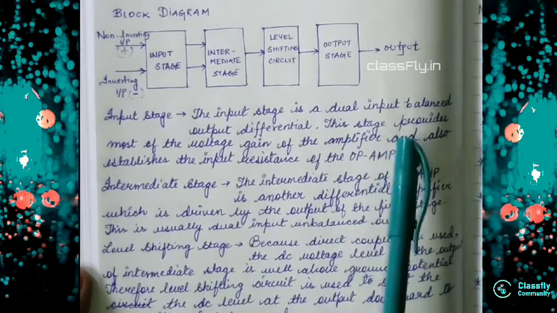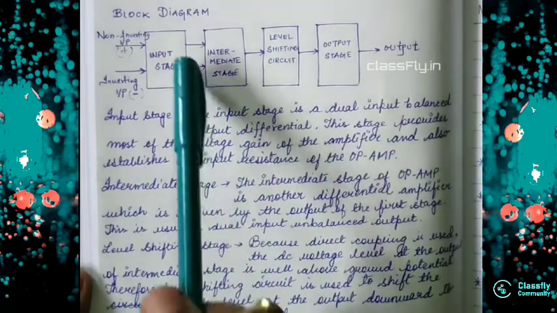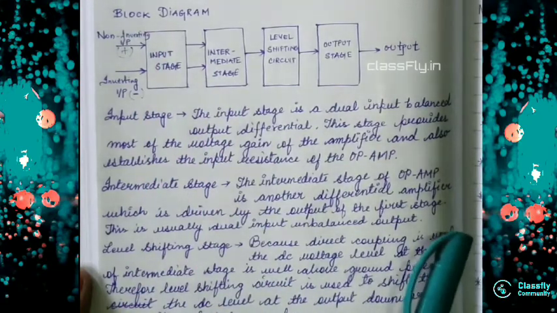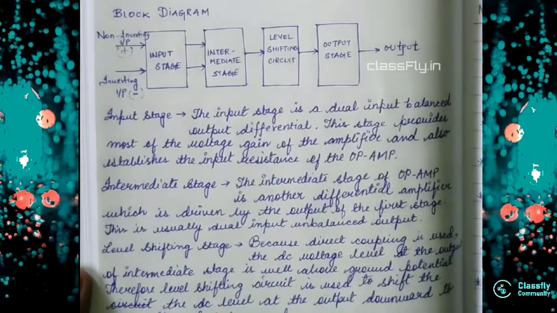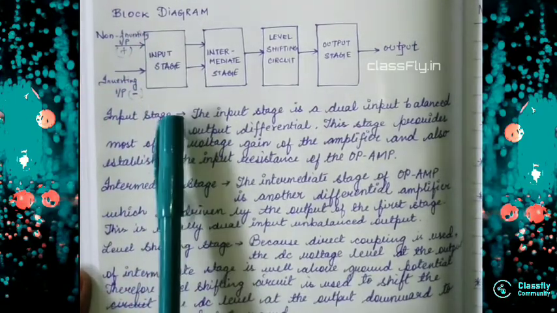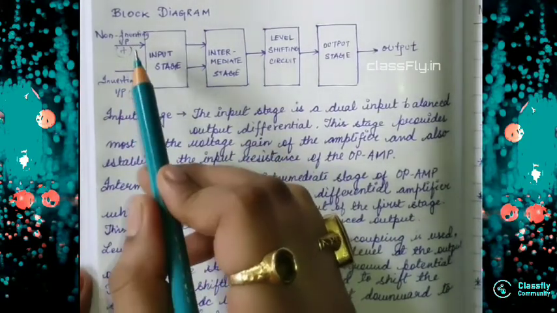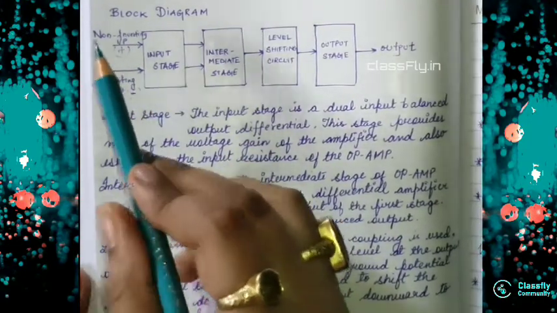This stage provides most of the voltage gain of the amplifier. I told you that it will increase the voltage, right? It will gain the voltage, and we know that it works as a differential amplifier. Differential amplifier means it takes the difference of the inputs and amplifies this difference.